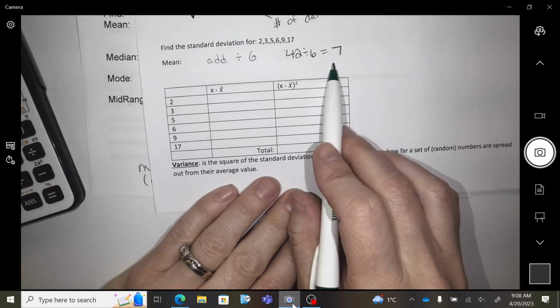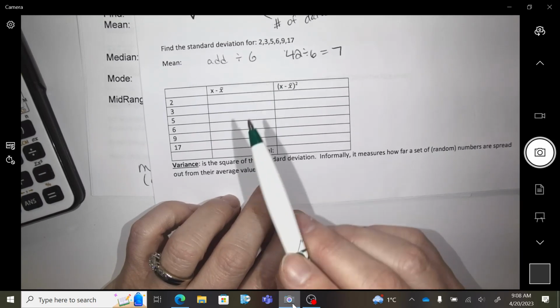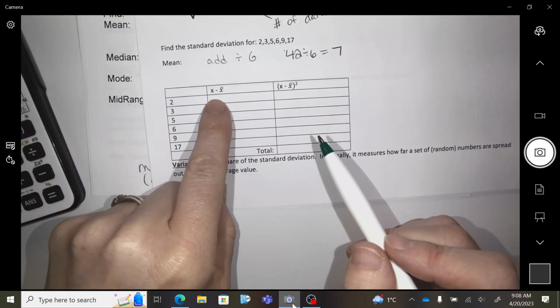Okay, so I got a mean of 7. Does that look right for that data? 7 averaged.